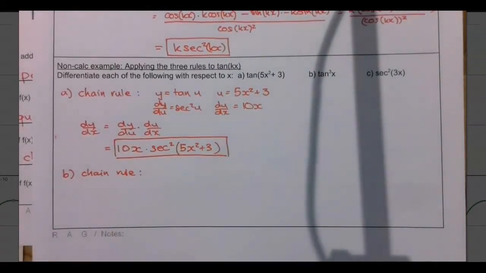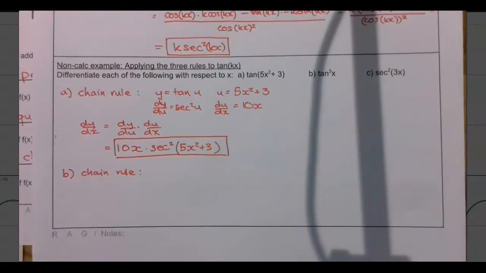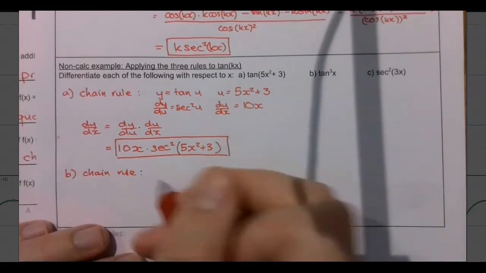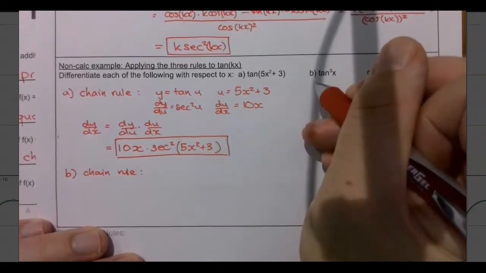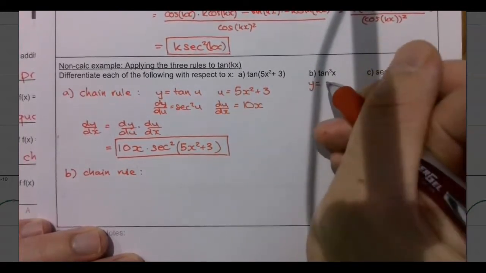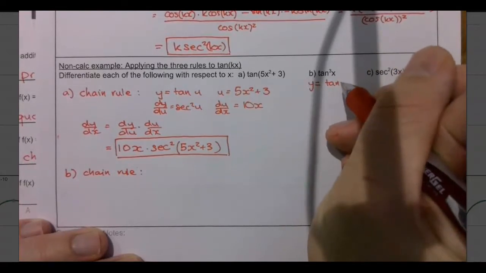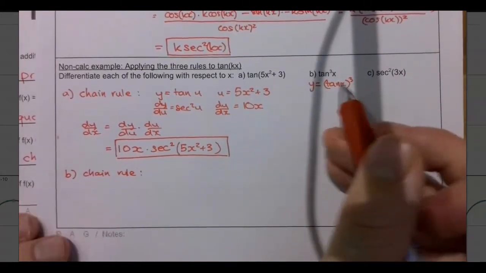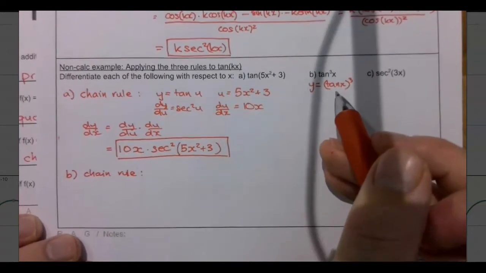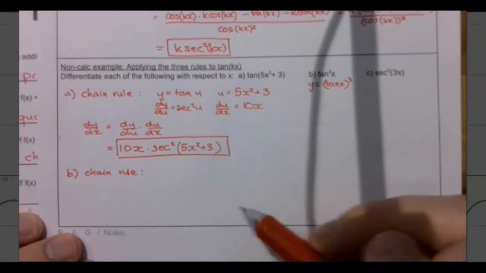Again, we're going to use the chain rule here, but it's interesting in that things have switched around a little bit. And in this question, y equals tan cubed of x, which is the same as y equals tan of x all cubed. And if I write it in that way, it helps me see a little bit more clearly what's the inside function and the outside function.